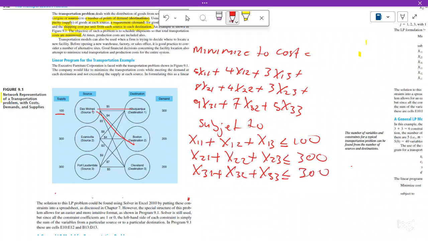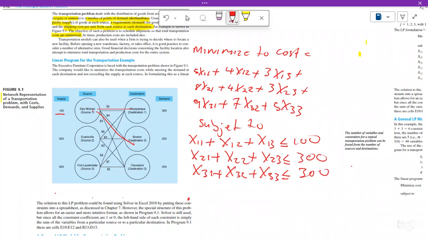So now, how much are we supplying specifically to the demand? The demand must always be equals to its requirement, because these are requirements.